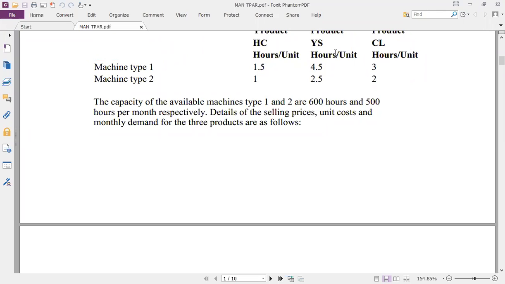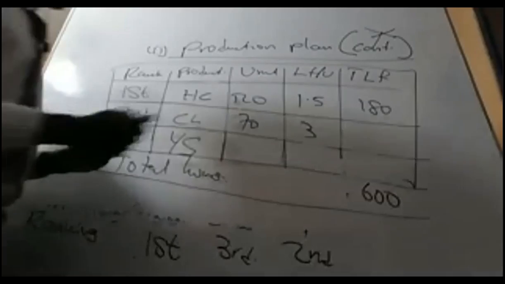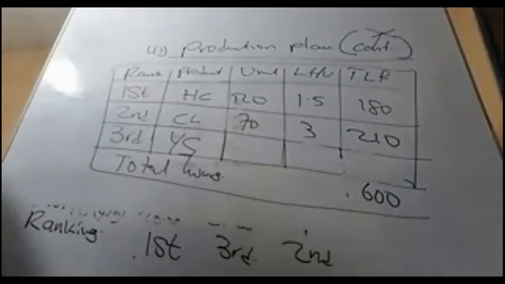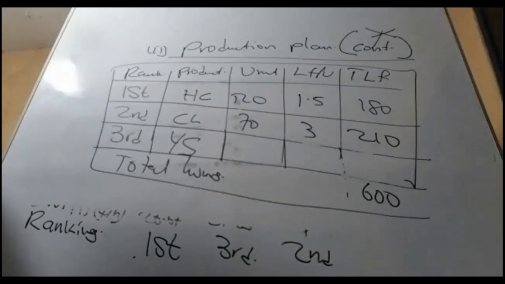So that would be 3 by 70, to give us 210, right? Good. So 210.